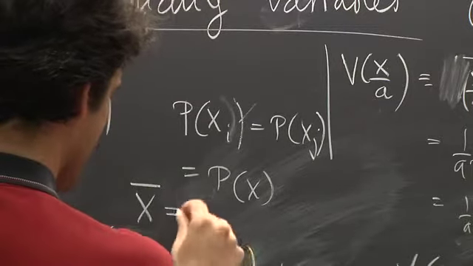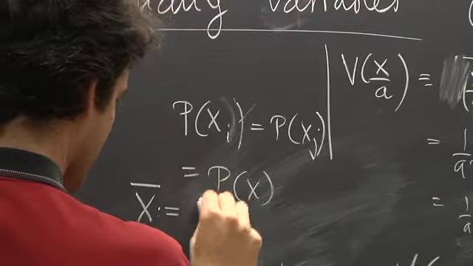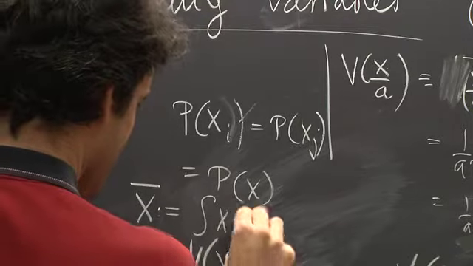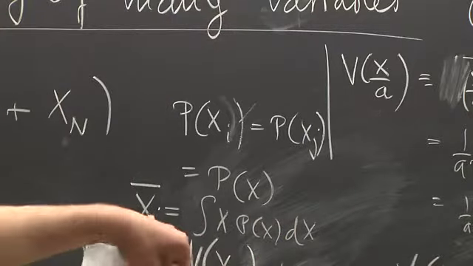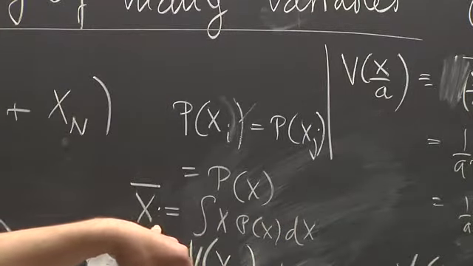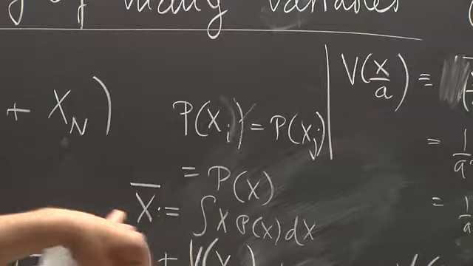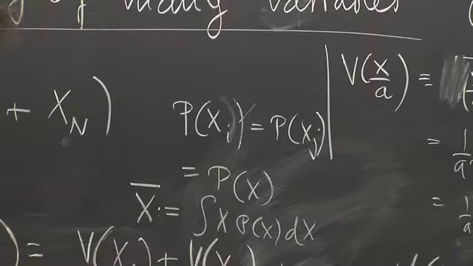So this is by definition, for example, the integral of x p of x dx. So this is a number. This is not a random variable. This is a random variable.